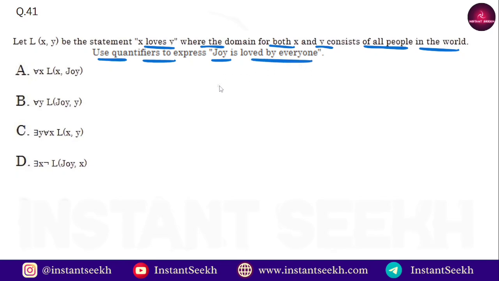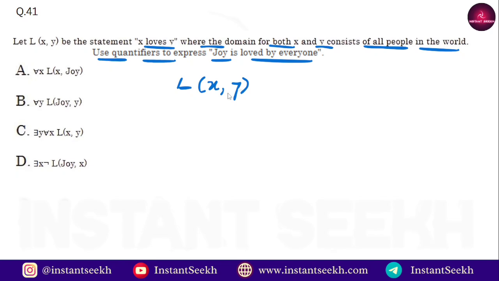So to express Joy is loved by everyone, the predicate L(X, Y) means X loves Y, right? We want to convey that for every person X, that person loves Joy.